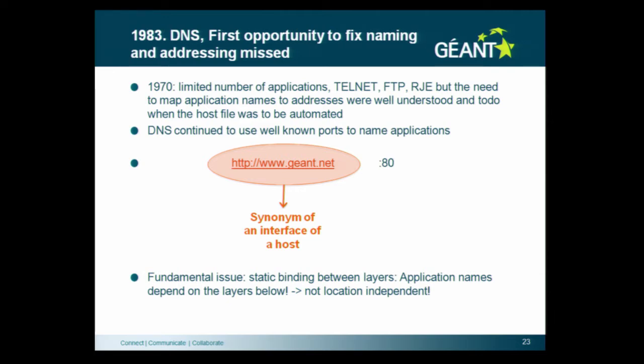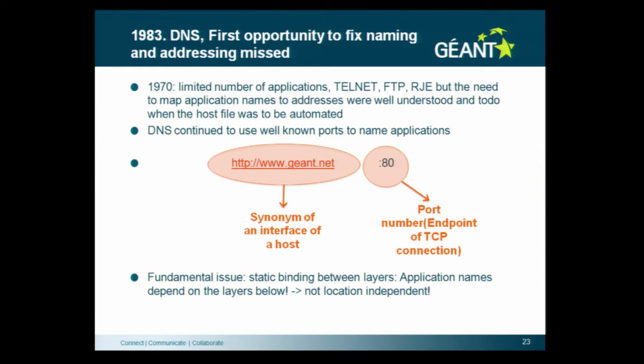So the DNS entry is just, you are mapping a name, a URL, to the synonym of an interface of a host. So it's not even mapping it to the host, it's mapping it to an interface of that host. It's the same interface as your Ethernet layer, and there's a port which is really the endpoint of your TCP connection. So there's a fundamental issue that you have a static binding between layers.